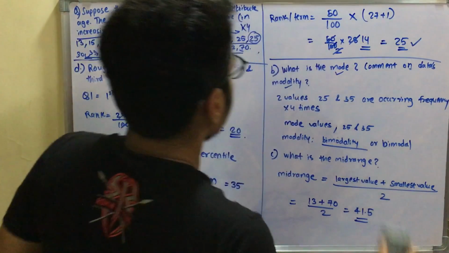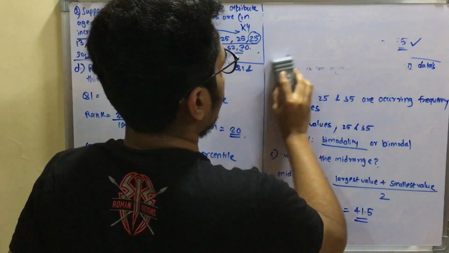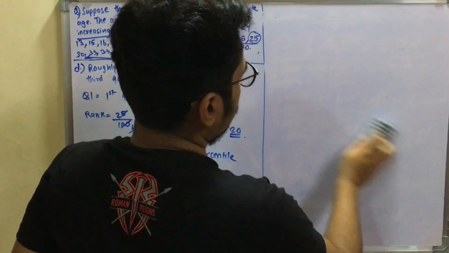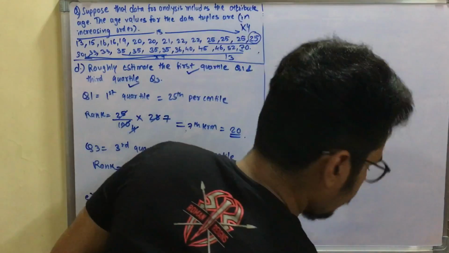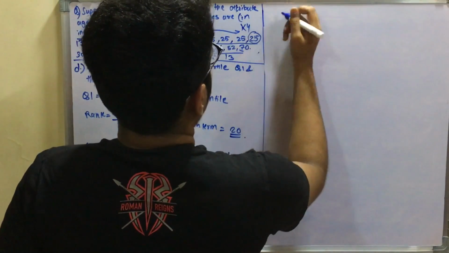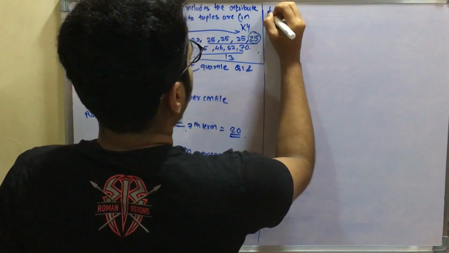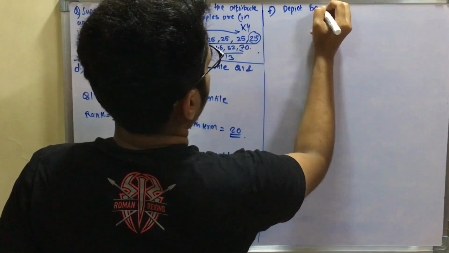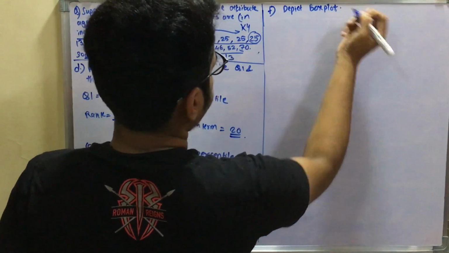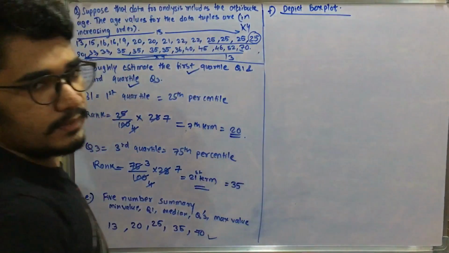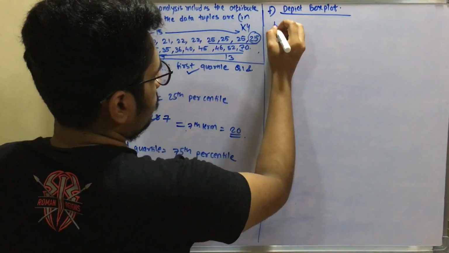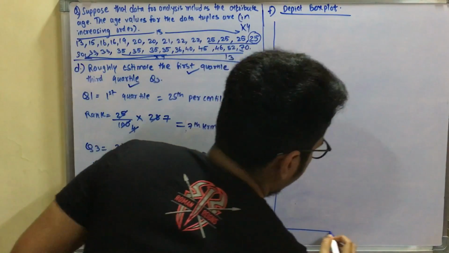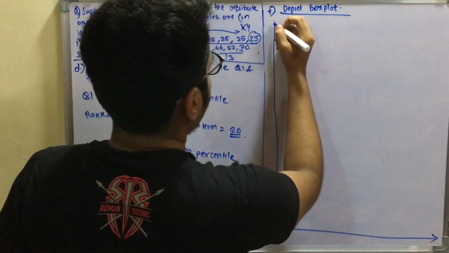And the last question they are asking is to visualize, a kind of visualization technique. Like we have seen the box plot. So you need to depict a box plot for this kind of data. The box plot is very easy. So you have to draw a y-axis, and this will be our x-axis.